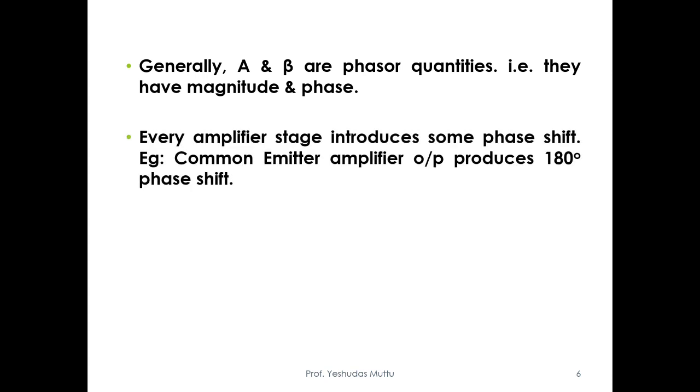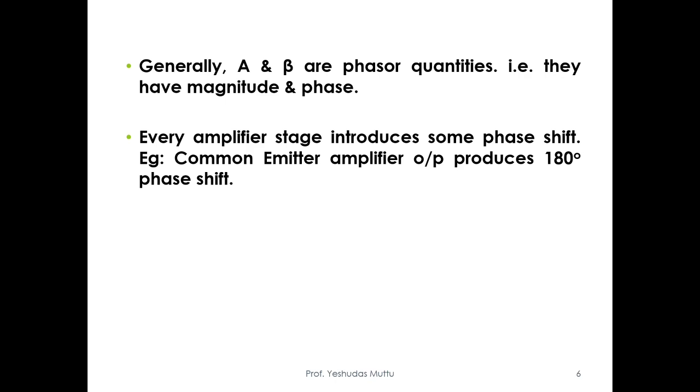So let me consider an amplifier stage wherein you give the input and you get the output with some phase shift. For example, common emitter amplifiers, which we studied in EDC 1: whenever we give a sinusoid as input, the output will also be a sinusoid which is 180 degrees out of phase. I hope you all remember this.